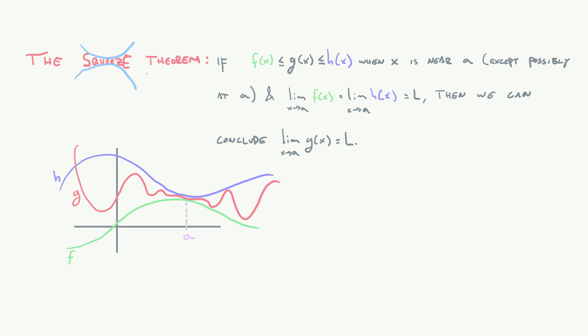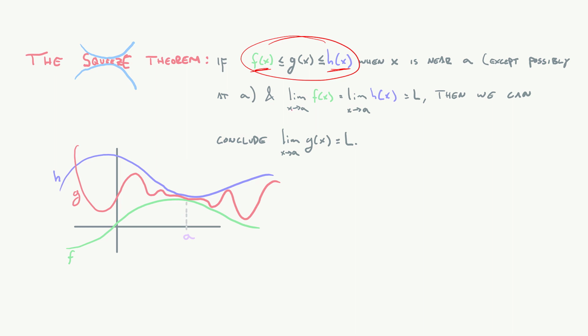It says that if you have a function g of x that can be bounded by a smaller function f of x and a bigger function h of x, for values of x that are near a, so this doesn't always have to be true for the entire life of the functions. It only has to be true for the values that are around a. And it says except possibly at a. So there could be like some removable discontinuity stuff going on here.